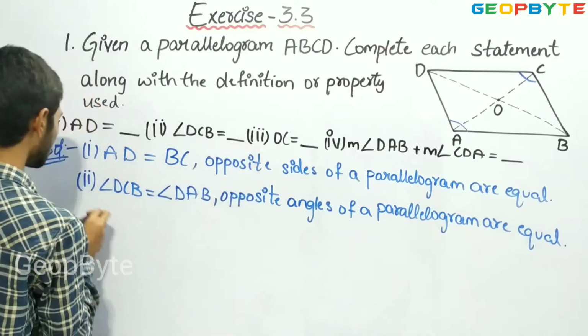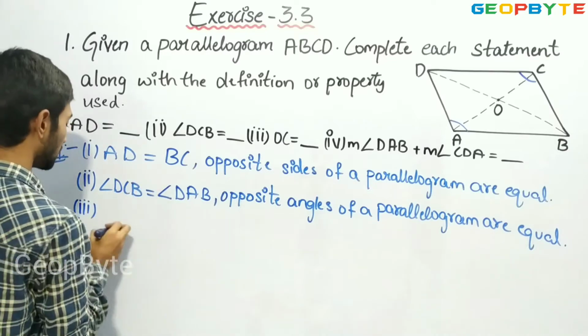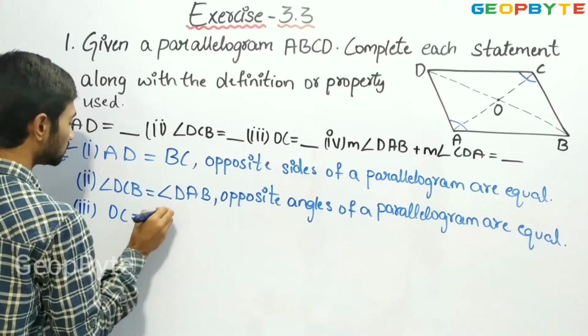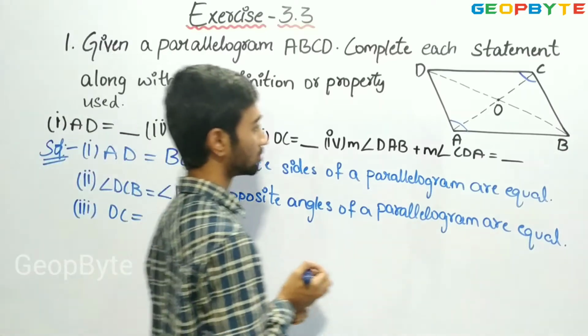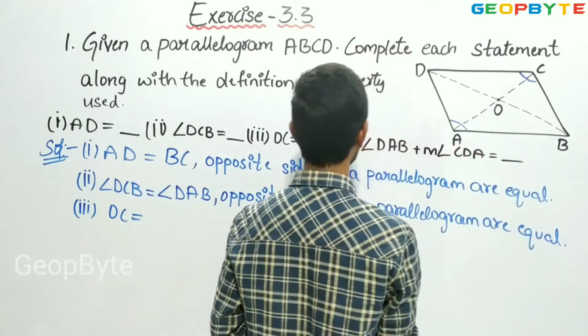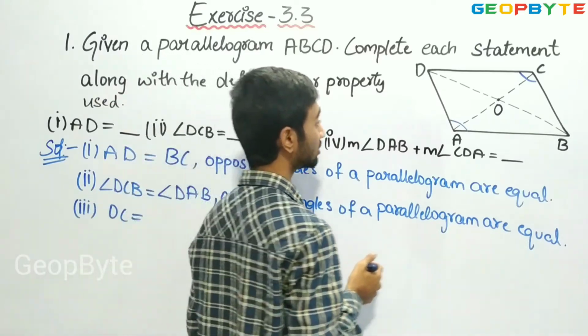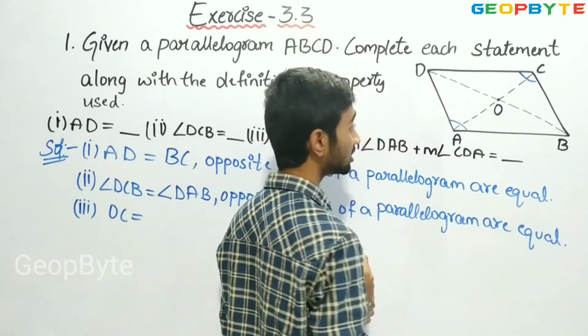Now let us see the third one. They give OC equal to what? So here where is OC? It is here. OC. So OC equal to what? We know that the diagonals in a parallelogram bisect each other.